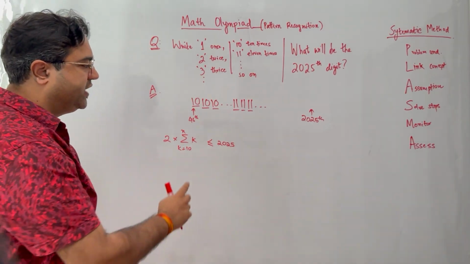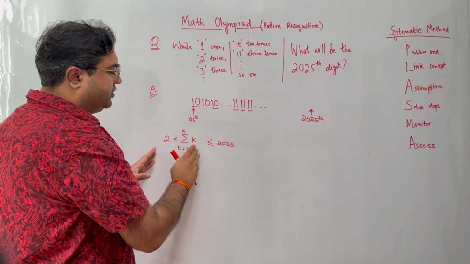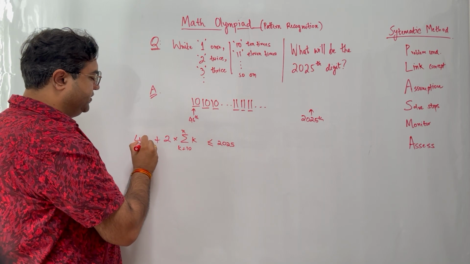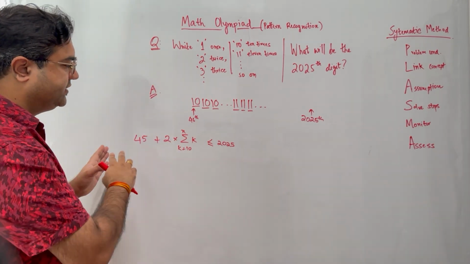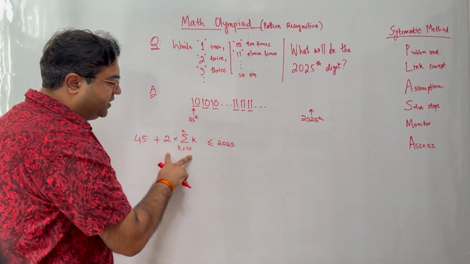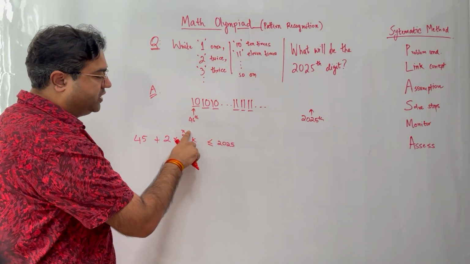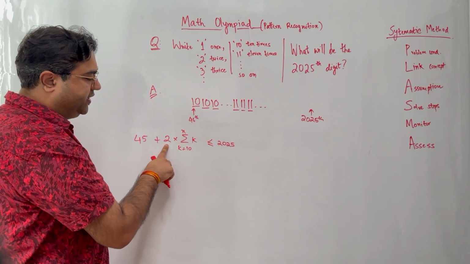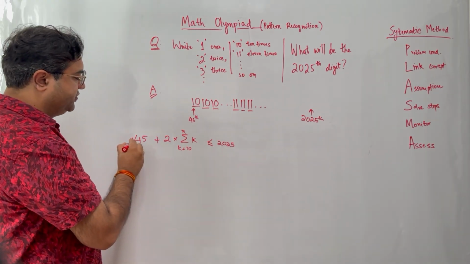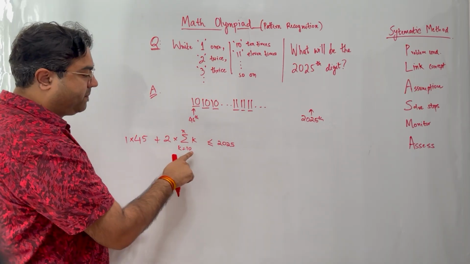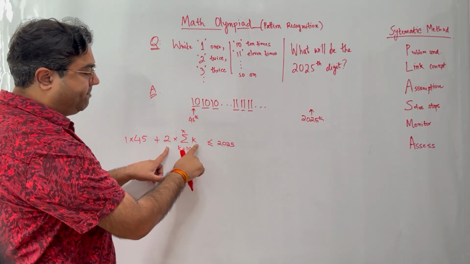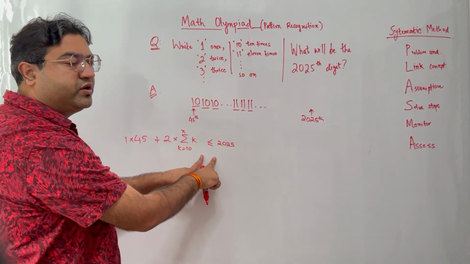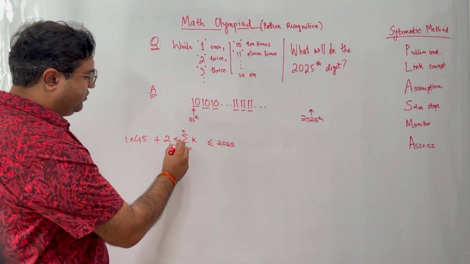Okay, so this plus the 45, the one that we got earlier from the single digit numbers, plus all the double digit numbers from 10 onwards until some point n, but multiplied by 2 because it is a 2 digit number, and this one was single digit. This has to be either equal to 2025 or less than 2025. Let's calculate this.